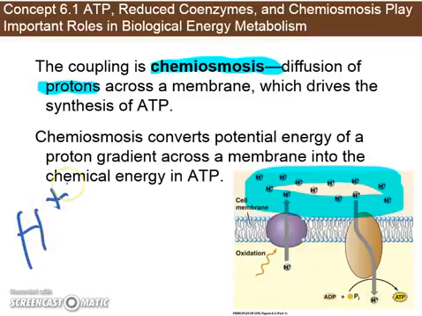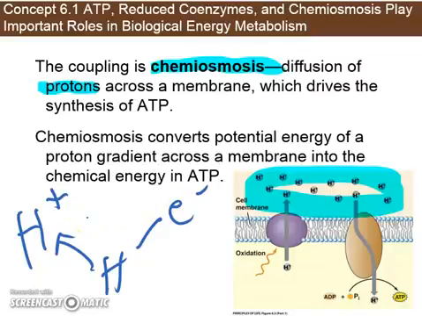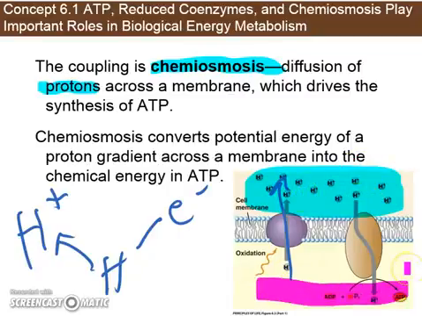which were a result of breaking up a hydrogen into an electron and a proton. We use these electrons from NADH to go through the electron transport chain to pump all those H+ up through proteins in the membrane to make a proton gradient. We have a whole lot of protons up here, but not very many down here.